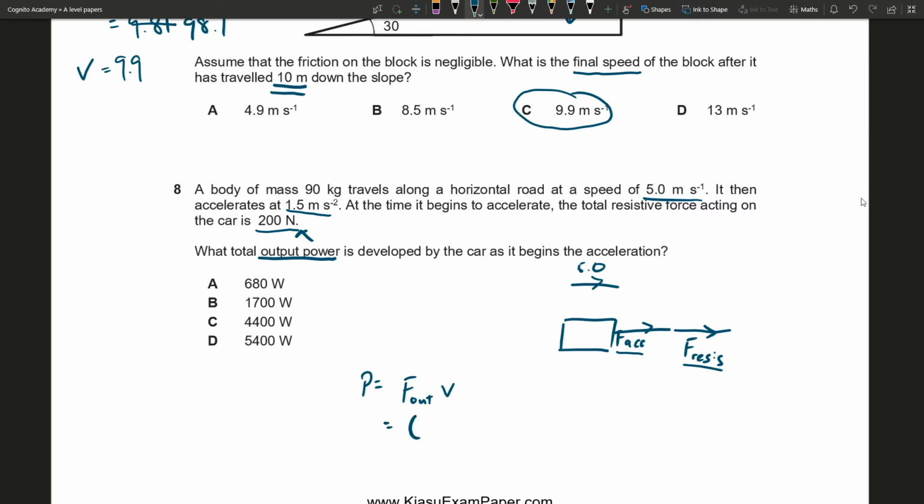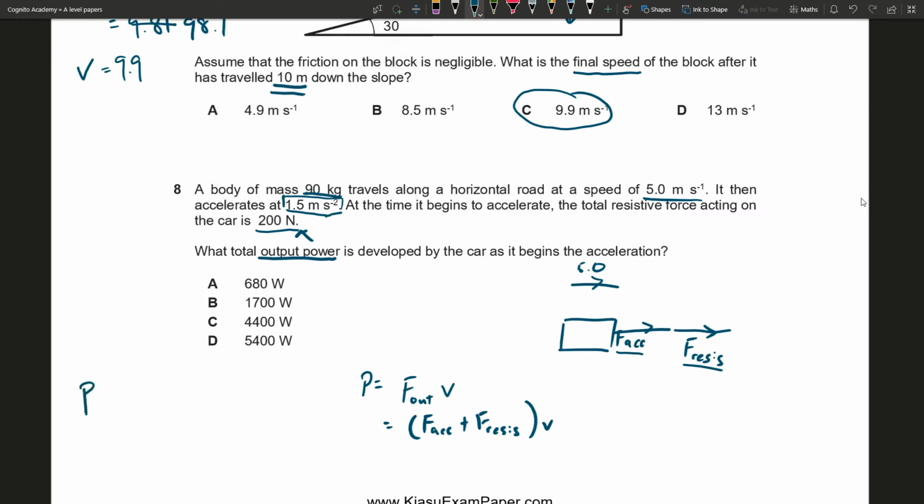So that equals F accelerate plus the resistive force, times the velocity, and the accelerating force is the mass of the car times the acceleration of the car. That's the force that the car outputs in order to accelerate.